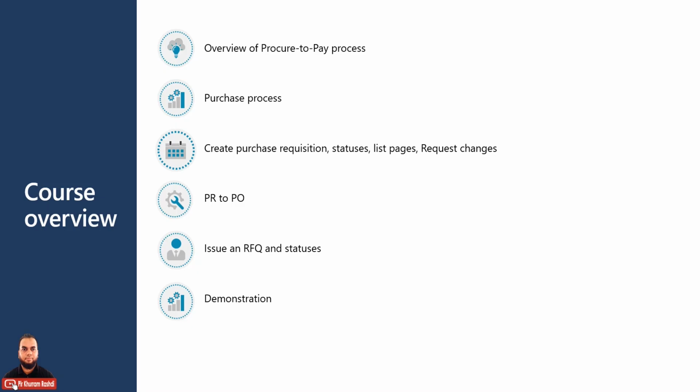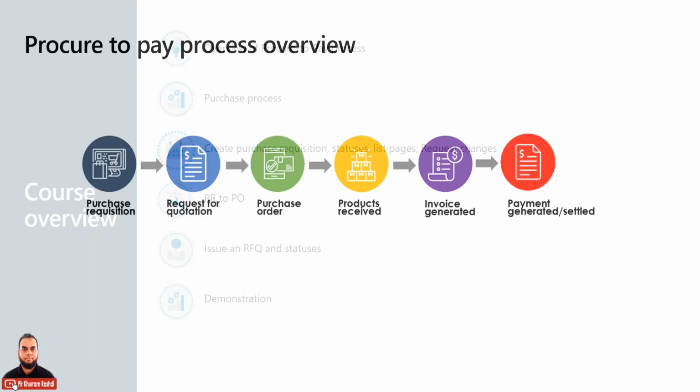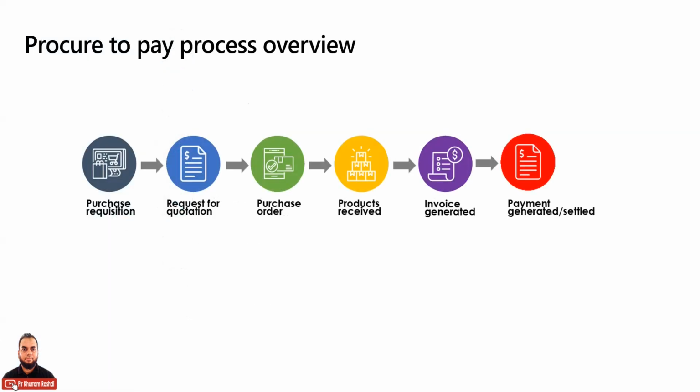Using the D365 user interface. We can see here the whole flow of this process, and the last option, payment generation, is not included if we talk about procure-to-purchase. But previously, procure-to-pay meant the first step in the whole cycle was purchase requisition.